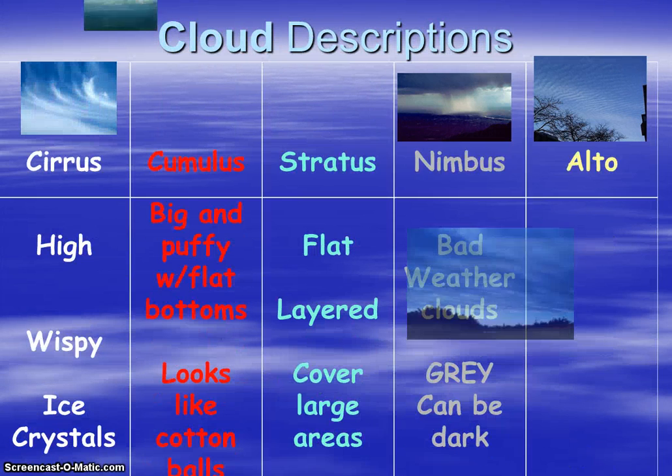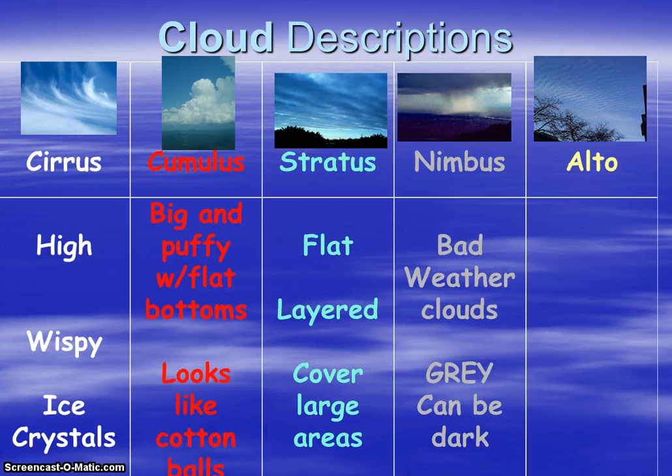Now our next cloud is the nimbus cloud. Now nimbus clouds are the bad weather clouds. And they're just going to kind of stretch out. Sometimes they can be big, sometimes they're not very big. They're more of a flat kind of cloud.